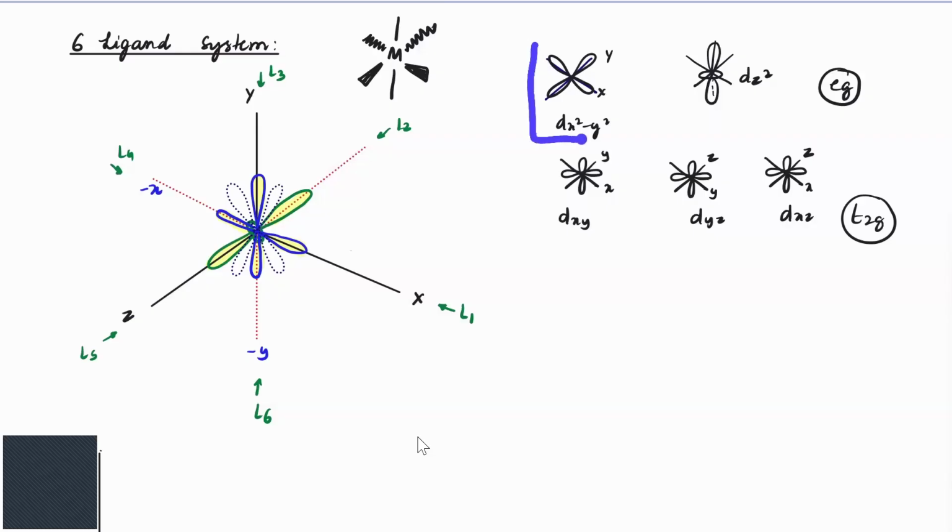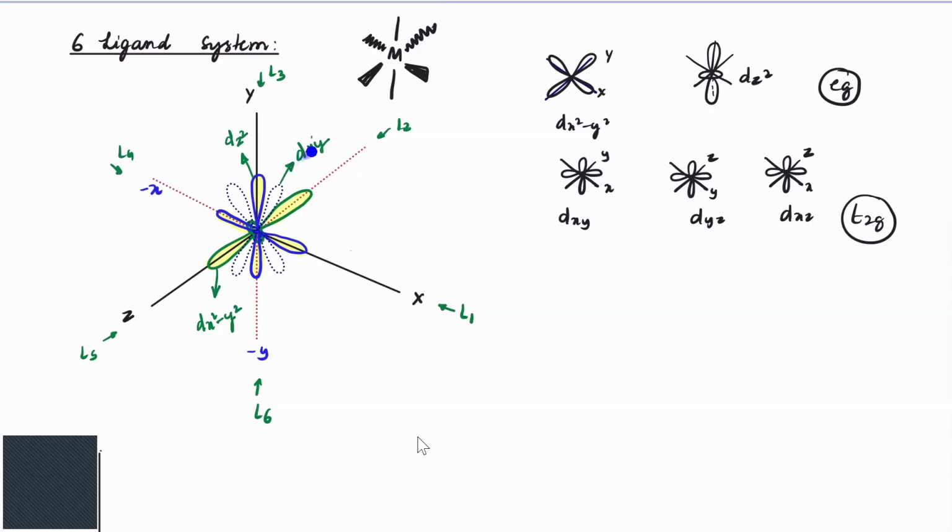That's the reason why dx square minus y square and dz square, both of these orbitals are along the axis, so they get most affected. That means they get more repulsion. While the other orbital, see this one, is basically dxy, while this orbital is dz square, while this orbital is dx square minus y square.